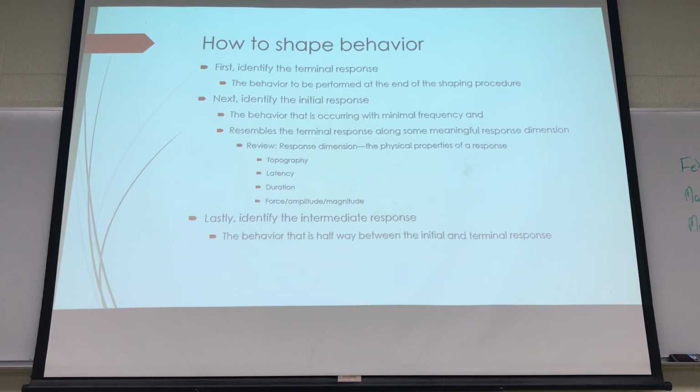They're going to show up on a quiz or an exam. So the first step in your shaping procedure is to identify the terminal response. This is the behavior that's going to be performed at the end of the shaping procedure.